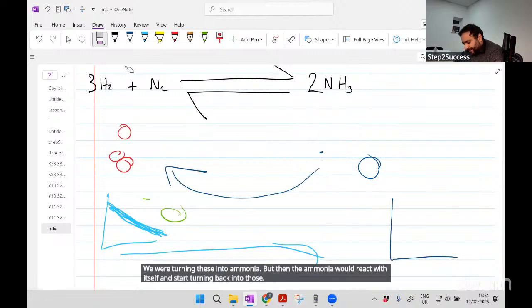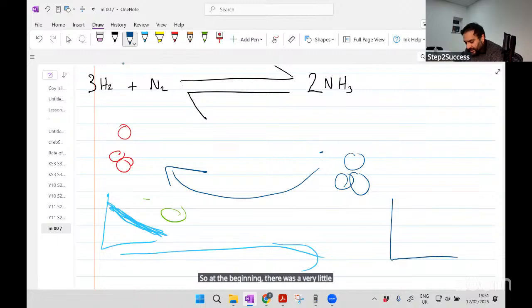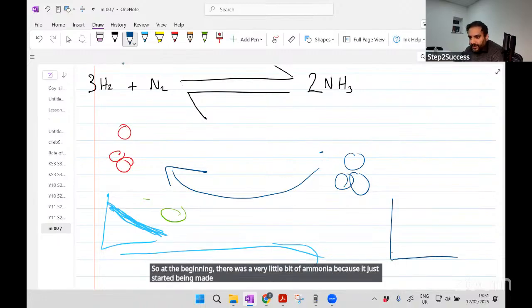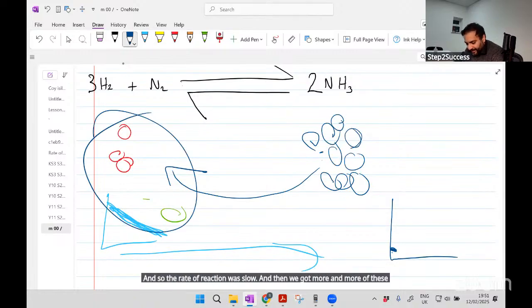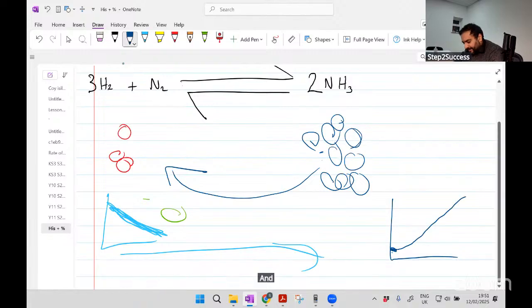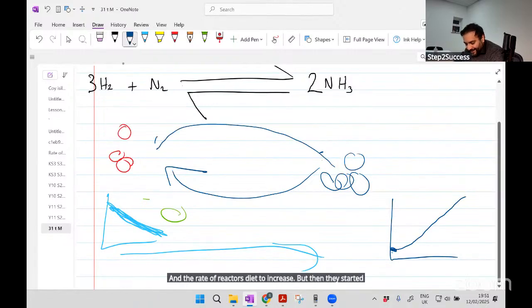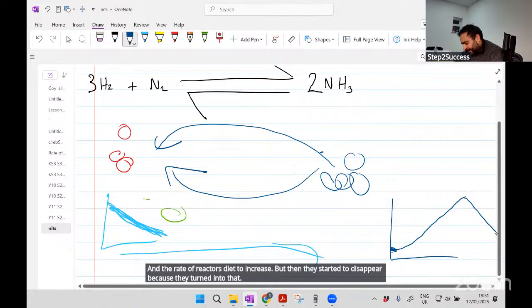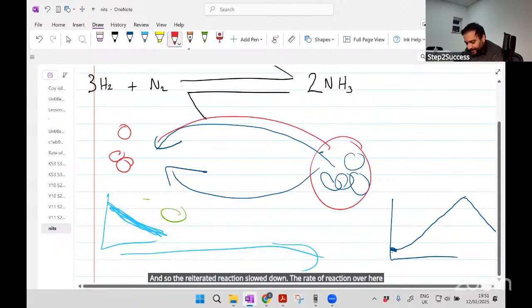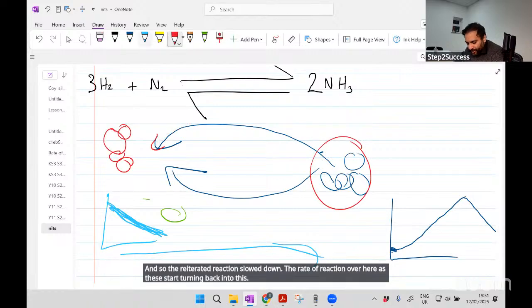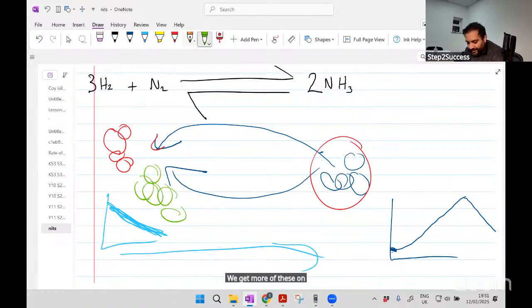At the beginning there was very little ammonia because it had just started being made, so they weren't really colliding with each other, and the rate of reaction was slow. Then we got more and more of these as these reacted, and the rate of reaction started to increase. But then they started to disappear because they turned into that, and so the rate of reaction slowed down. The rate of reaction over here, as these start turning back into this, we get more of these on this side, and their reaction starts to speed up. So this graph starts to go up.